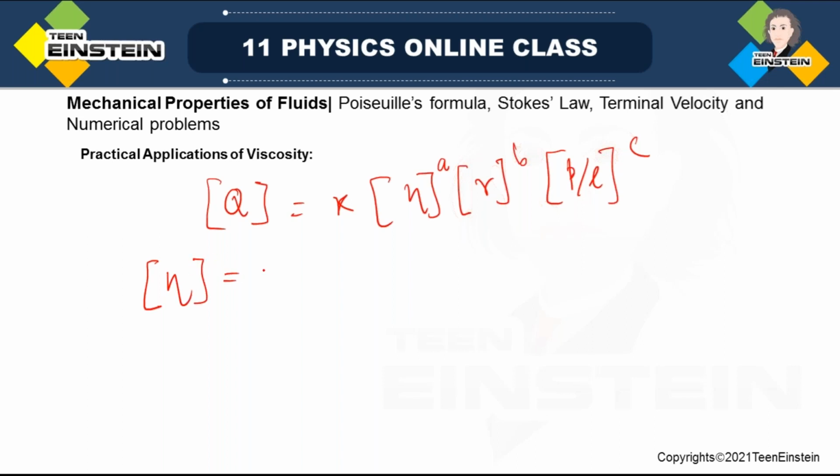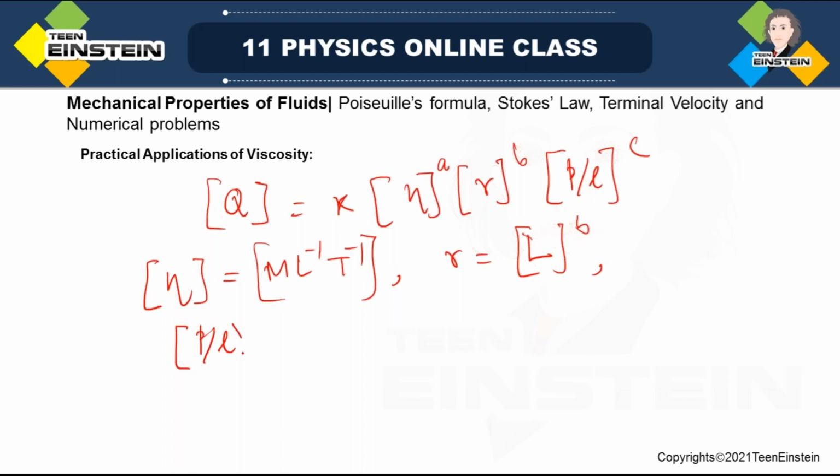The dimension of eta is M L to the power minus 1 T to the power minus 1, that we had already derived in the last class. And R is a radius, so it has just length to the power B, and now we'll find out the pressure gradient.